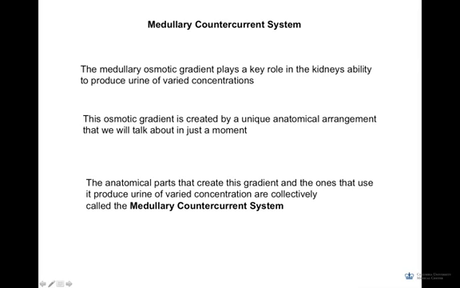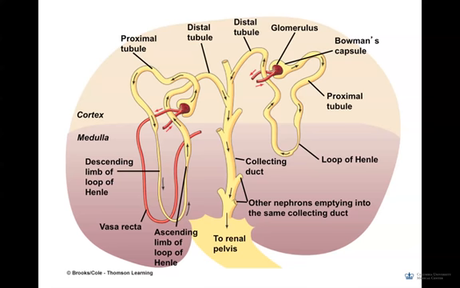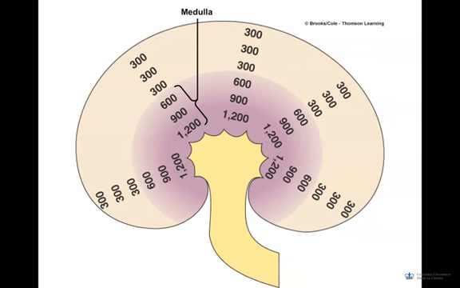If I skip to this slide, the osmotic gradient that I'm talking about in the renal medulla is illustrated here. On the outside of the kidney, that's the cortex. If we look at the interstitial space of the renal cortex, it's isotonic, right? Just like it is everywhere else in the body.